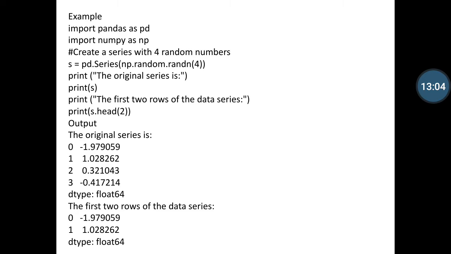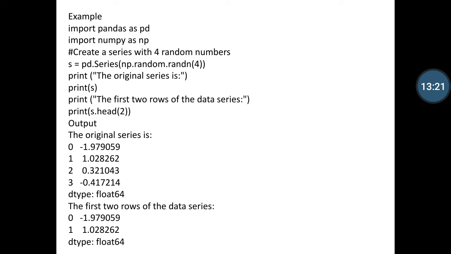First of all, import both libraries, then create a series of 4 random numbers such as s equal to pd.Series np.random.randn and then put the argument value 4, and print the original series, then print s.